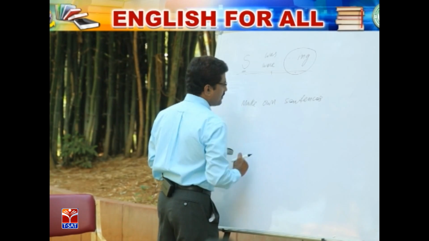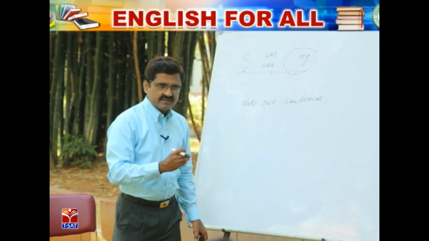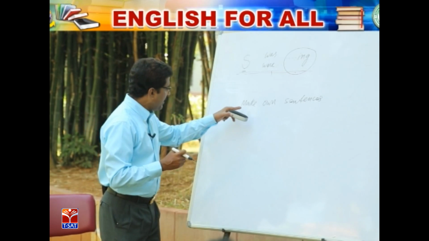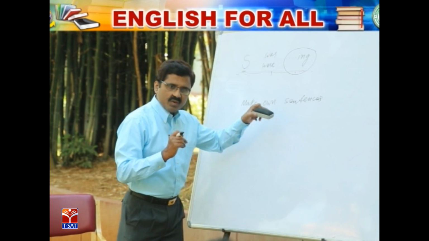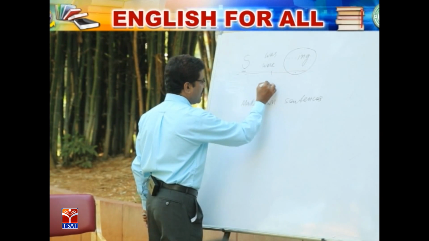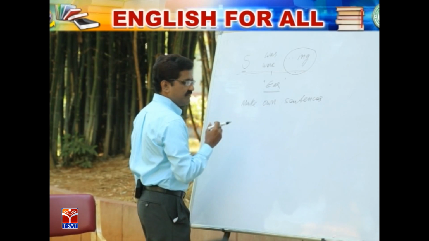Just go back to your past. How did we learn mother tongue? Did we do any exercises in Telugu or Hindi or Urdu? No. We picked up mother tongue by making own sentences. For that, what did we do? Which part of our body did we use more? Ear. We went on listening.